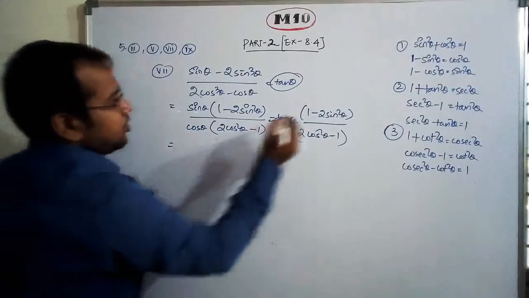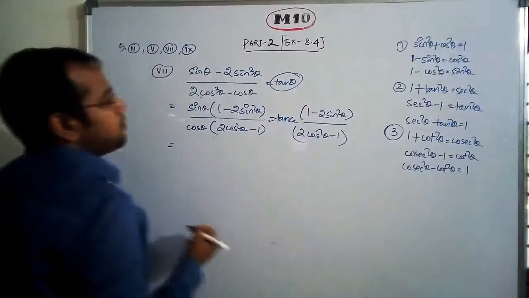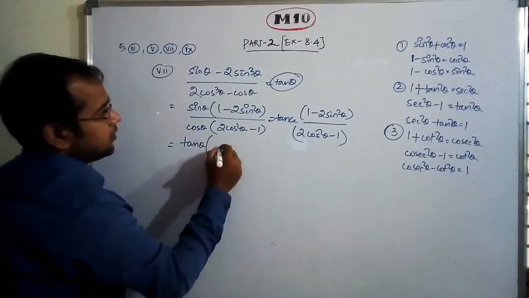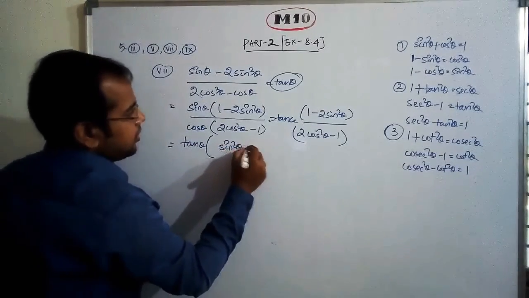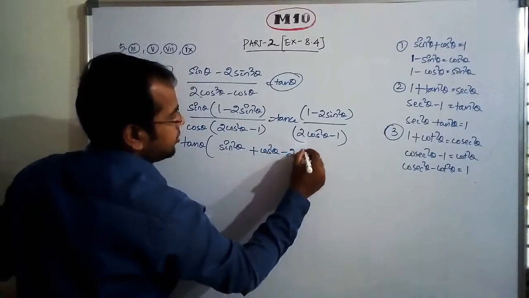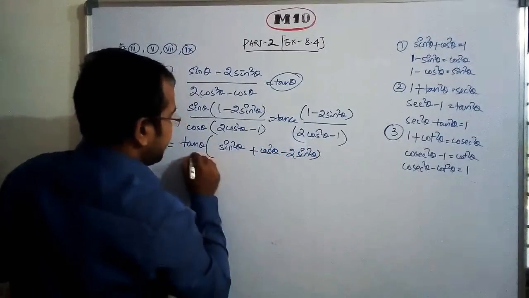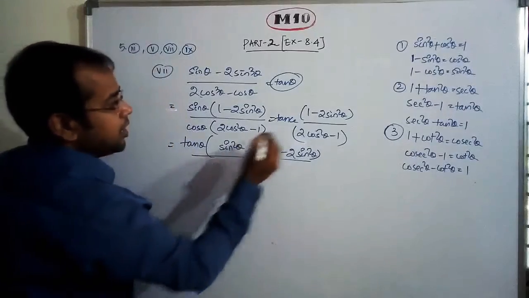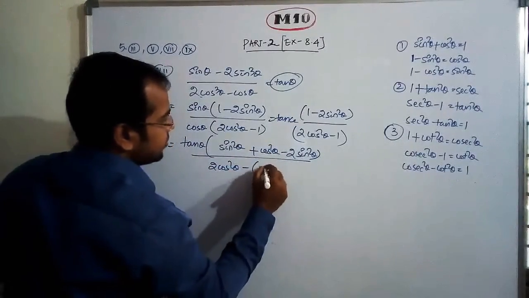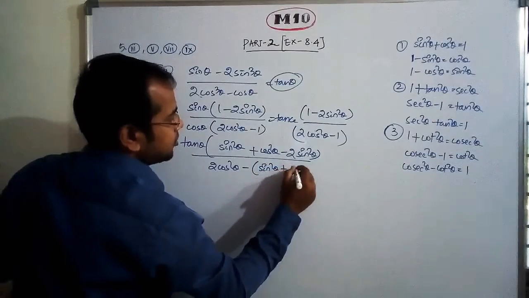Now this 1 is nothing but your sin square theta plus cos square theta. Now put this: sin square theta plus cos square theta minus 2 sin square theta, divided by 2 cos square theta minus sin square theta plus cos square theta.